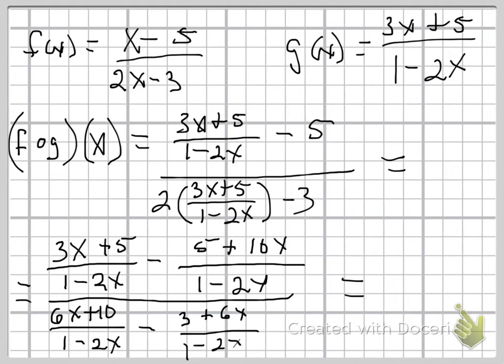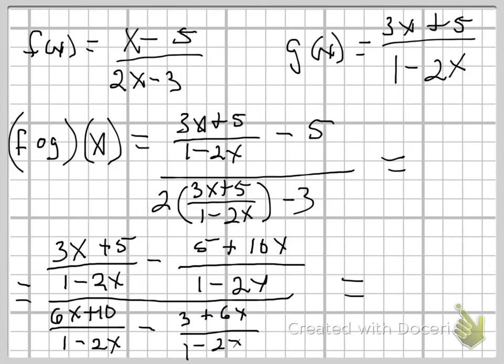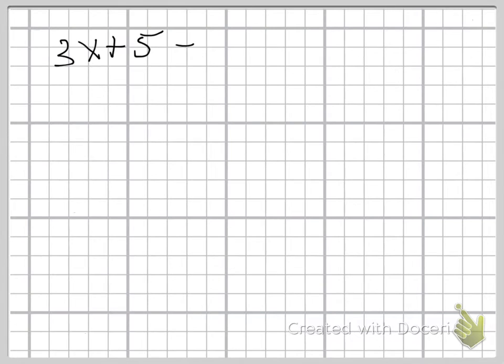Well, let's take this on to the next page here, and we're going to have 3x plus 5 minus 5x minus 10x, and that's all going to be over 1 minus 2x.